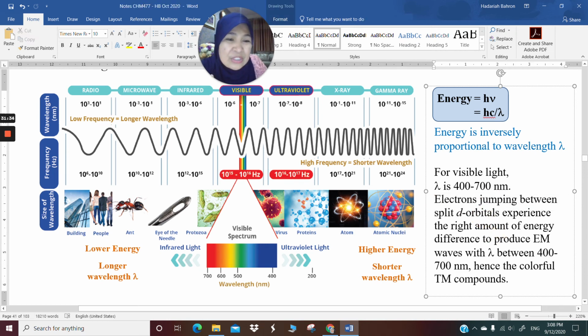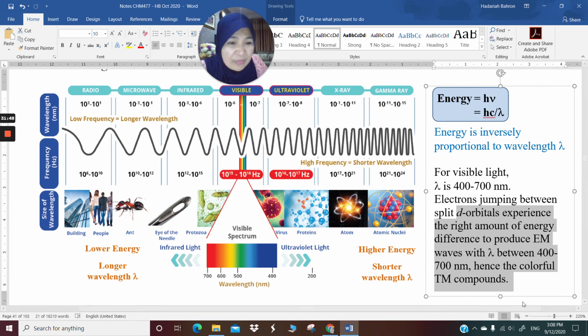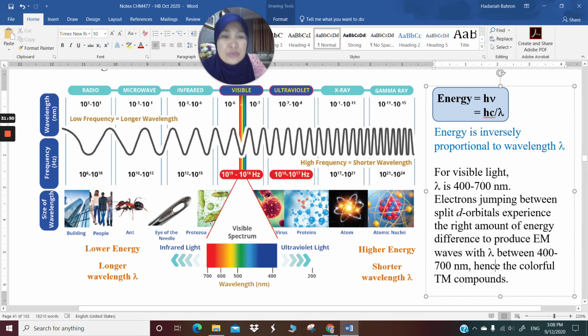The electrons jumping between the split d orbitals experience the right amount of energy difference to produce electromagnetic waves with lambda between 400 to 700 nanometers, which is here. Hence, you get to see colorful transition metal compounds. That is why the color exists.